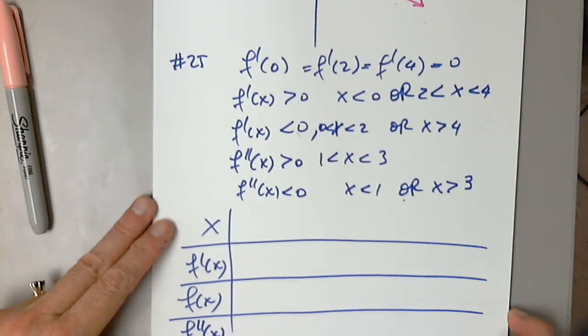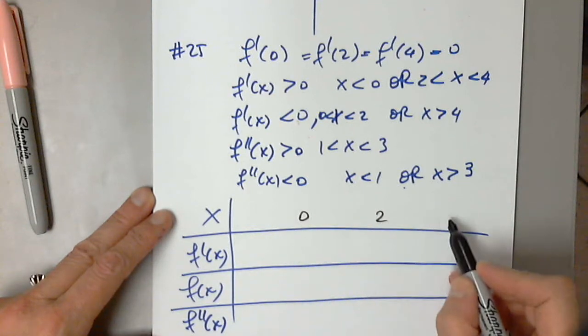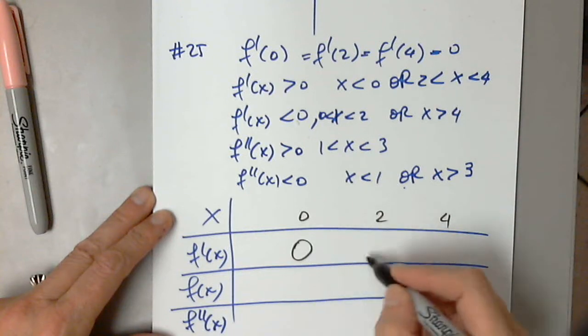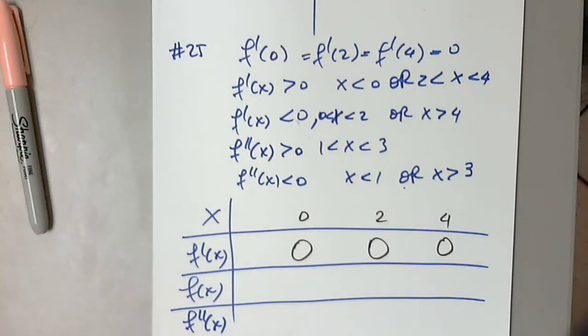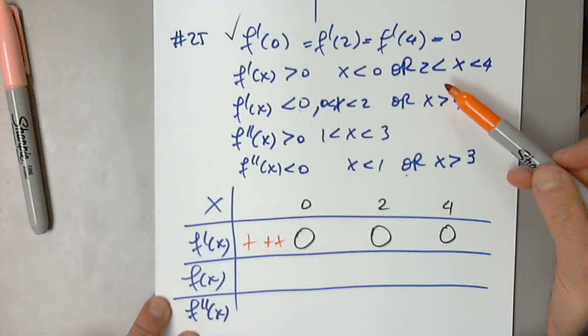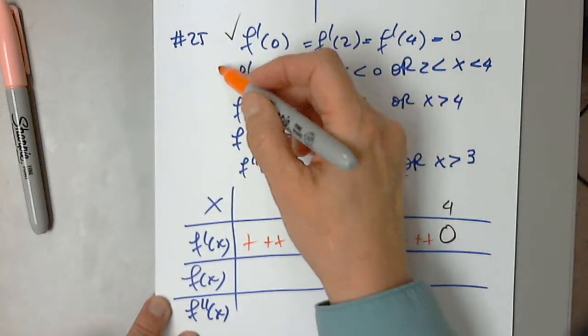Okay, so the first condition, I see 0 and 2 and 4. The derivative is 0 at all these points, which makes those critical numbers. Check. Then the second condition says the first derivative is positive for less than 0 and between 2 and 4. Check.